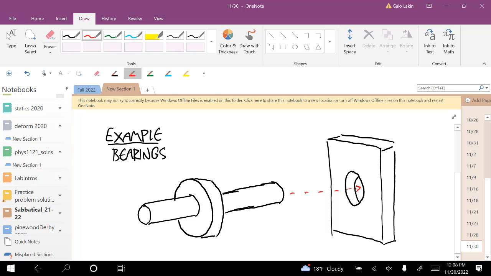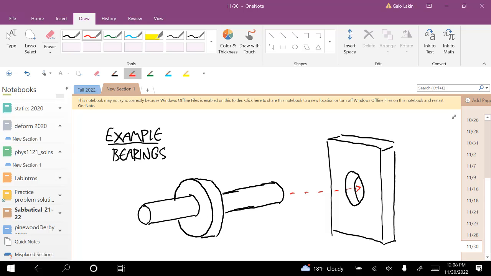And then what we want to calculate is the couple that's required to keep this rotating at a constant speed. Just to make sense out of what's going on, this axle will have journal bearing friction with that circle, right? And this flange will have thrust bearing friction with the surrounding area. Can you picture all that going on?